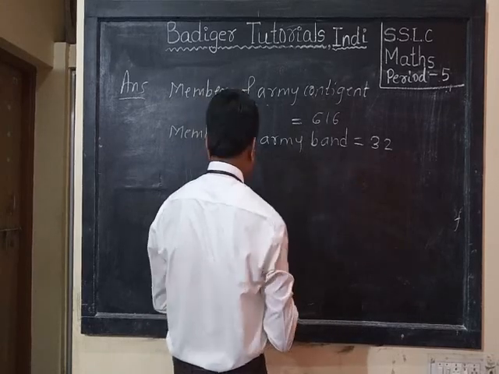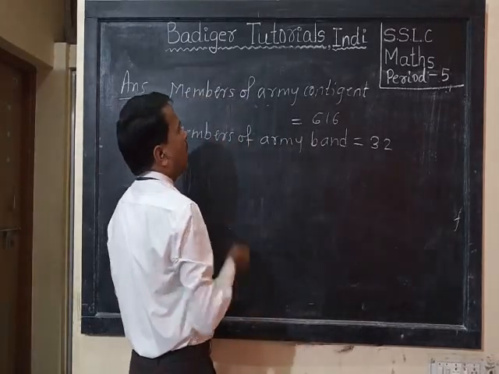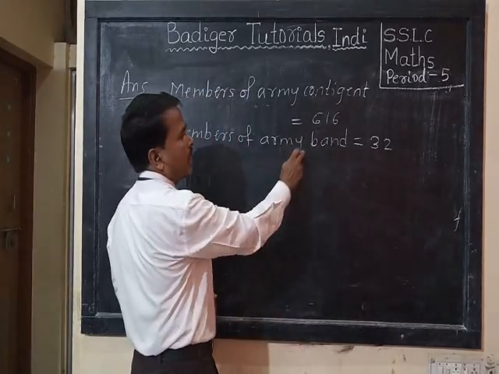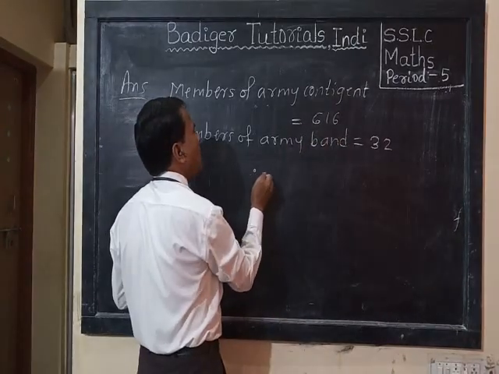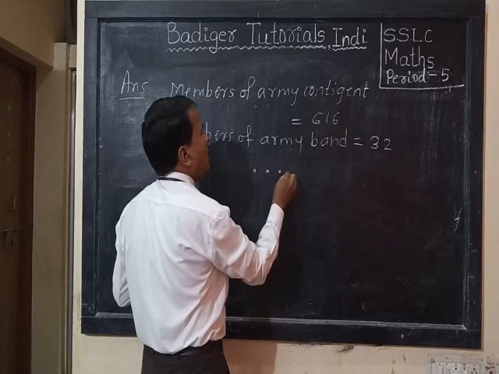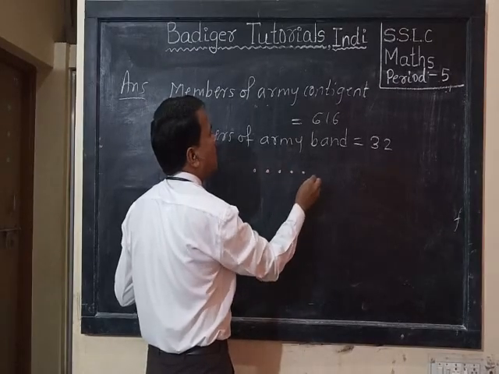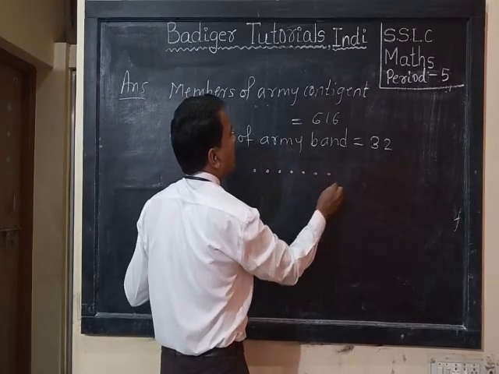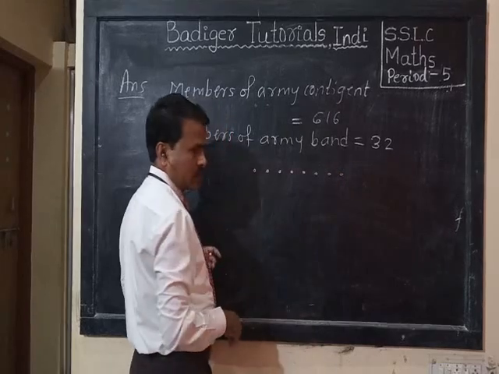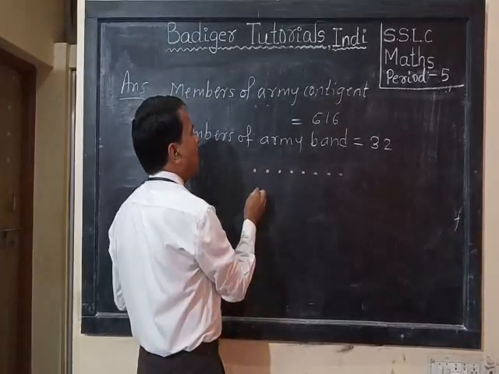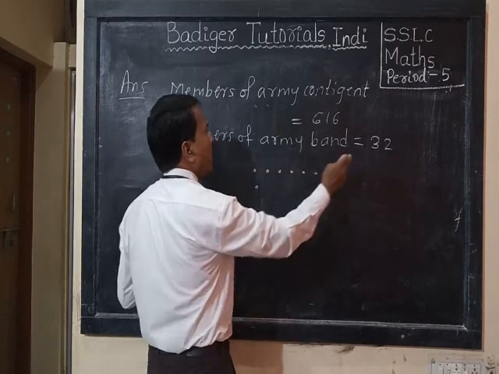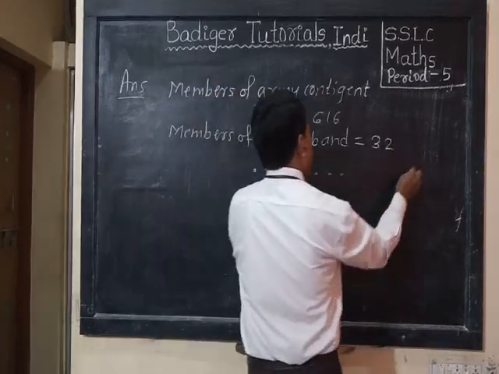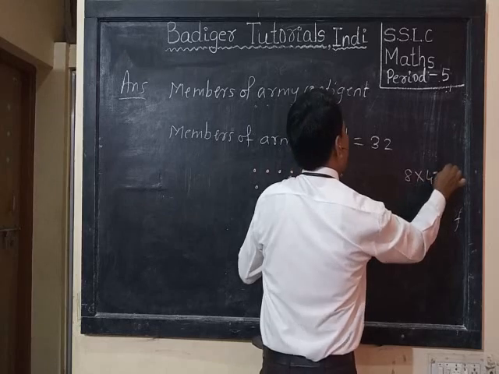So if we ask the members of the army band to stand in 8 columns, 1, 2, 3, 4, 5, 6, 7, 8. Okay. So how many rows? 8 fours are 32.